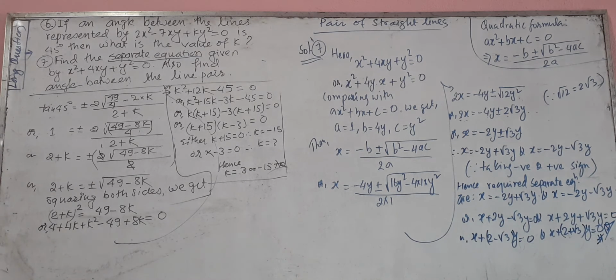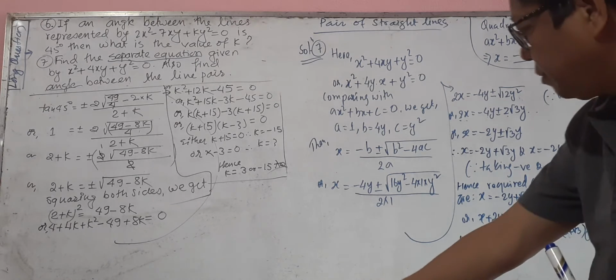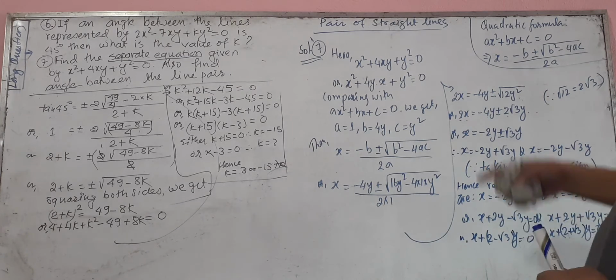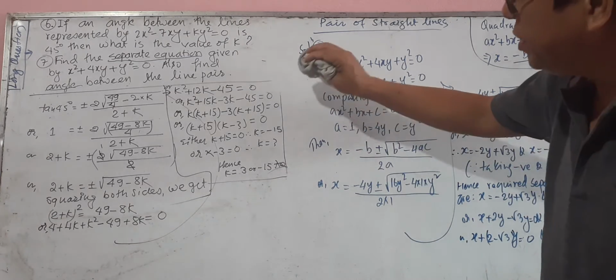Now we have to find the angle between the two lines of the pair. We could do it by finding m1 and m2, but since it is a pair of lines, we use the formula for a pair of straight lines.